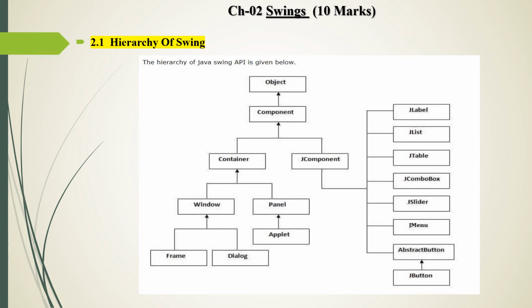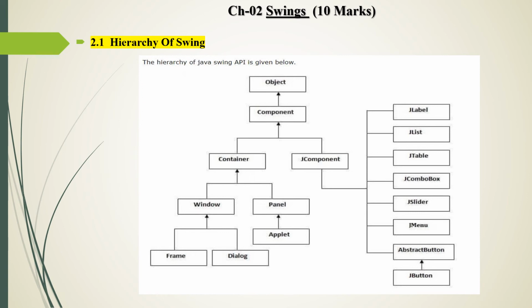We already saw this part in AWT. Container contains the Window class, and Window contains Frame and Dialog. Container also contains Panel, and Panel contains Applet. JComponent has different components like JLabel, JList, JTable, JComboBox.